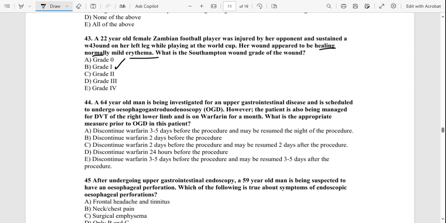Discontinue warfarin 3 to 5 days before the procedure and it may be resumed the night of the procedure. Discontinue warfarin 2 days before the procedure. Discontinue warfarin 2 days before the procedure and it may be resumed 2 days after. Discontinue warfarin hours before the procedure. Discontinue warfarin 3 to 5 days before the procedure and it may be resumed 3 to 5 days after.